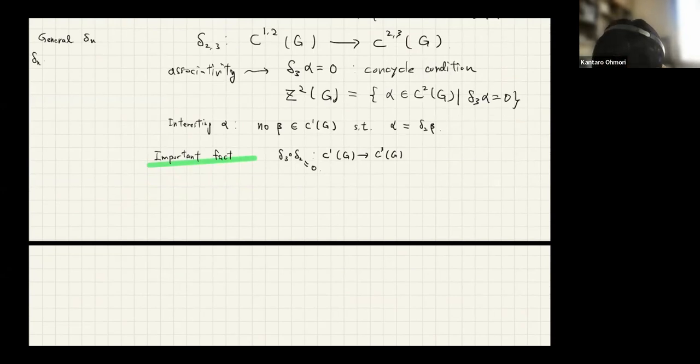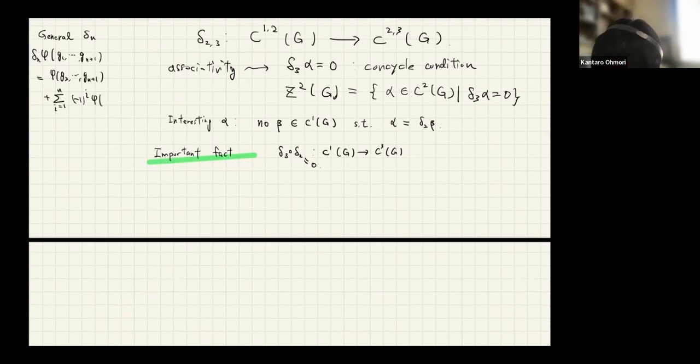Delta n of phi, g1 to gn plus 1, equals, assuming that the action is trivial, g1 phi of g2 to gn plus 1, plus the sum for i equals 1 to n of minus 1 to the i, phi of g1 to g i minus 1, then g i g i plus 1.